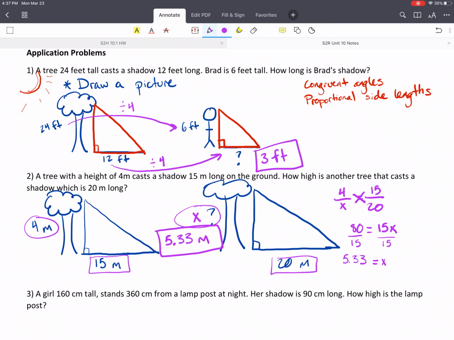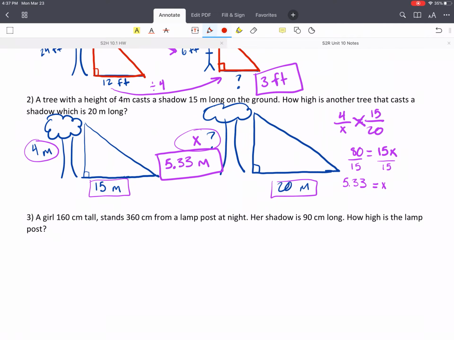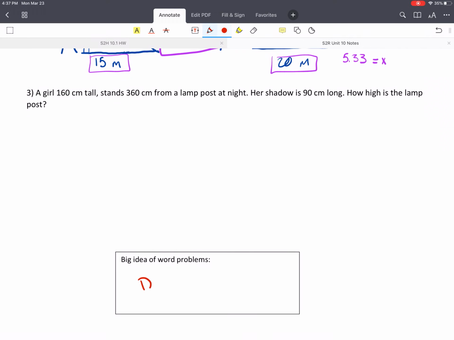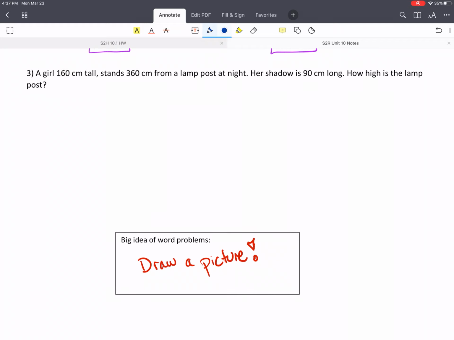At the end of the day, what you should be doing is drawing a picture. That is all this takes. We'll do one more example because this one's, oh look here, big idea. Draw a picture. This last example is just a slightly different variation.